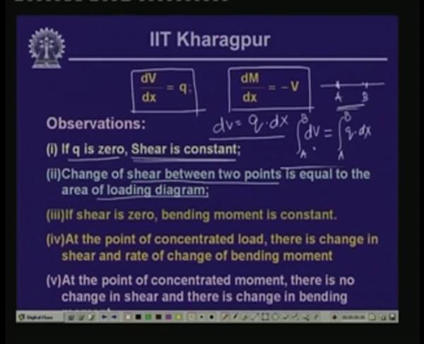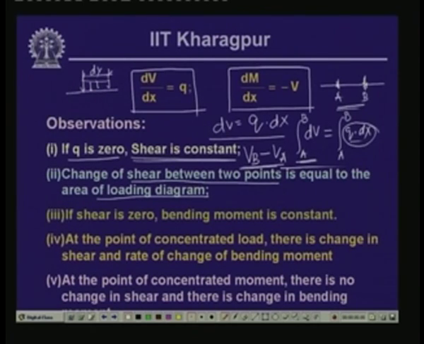Now, this gives us that integral dV from A to B is basically shear force at B minus shear force at A. So, the differential shear force between B and A is nothing but equal to integral q dx, which represents the area of the loading. As you can see on the beam, when we have the distributed load q, over the length dx this gives the area of the loading.